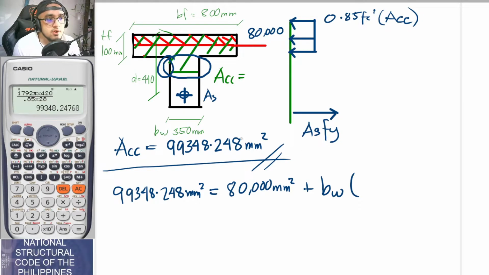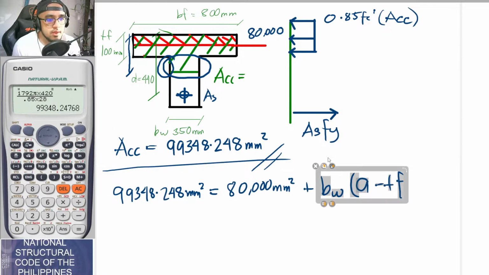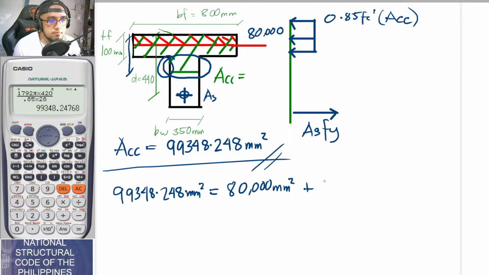That dimension is equal to A, measured from the topmost compression fiber up until that point, minus our TF. Because once again, we are just solving for this dimension. So A minus TF. Substituting known values, our BW is equal to 350 times A minus TF, and that is 100 mm.